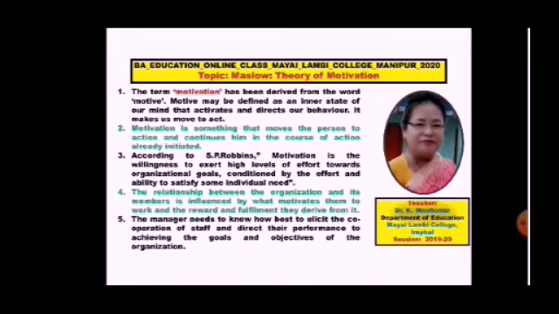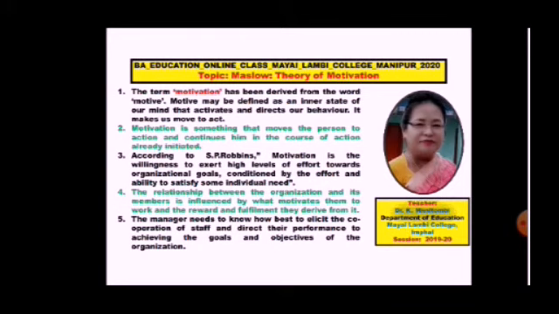According to S.R. Robbins, motivation is the willingness to exert high levels of effort towards the organizational goal, conditioned by the effort's ability to satisfy some individual needs.